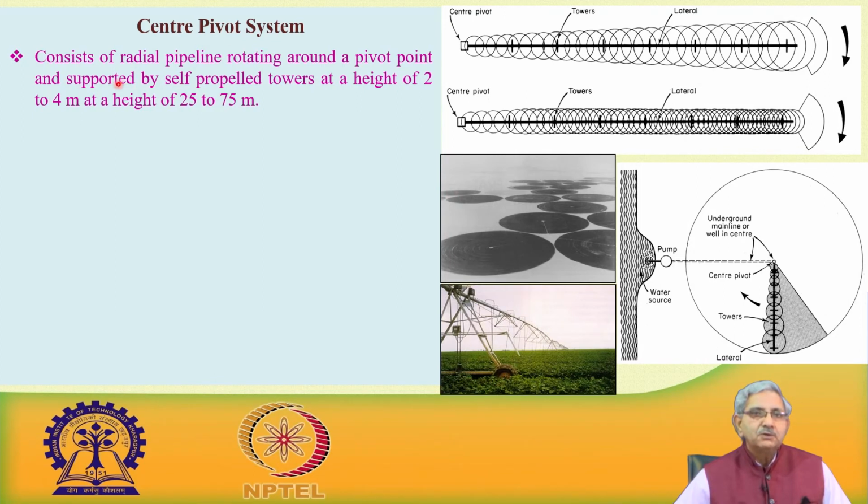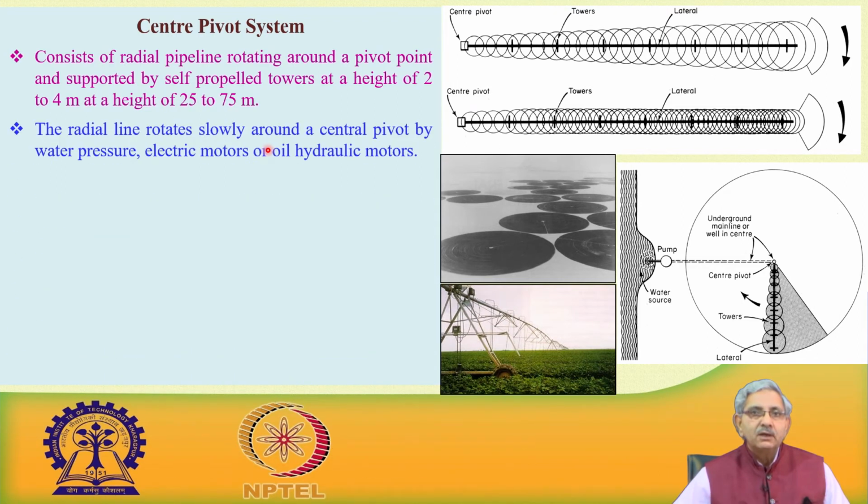The central pivot system consists of a pipeline rotating around the pivot and supported by self-propelled towers at a height of 2 to 4 meters, with a spacing of 25 to 75 meters between them.